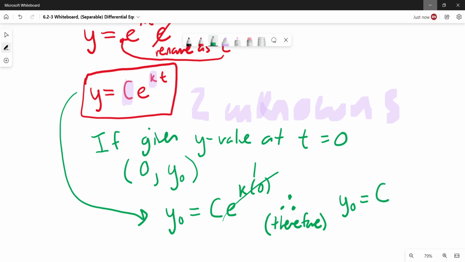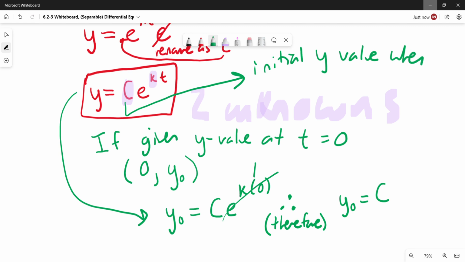So if you're given the initial amount of y, that's actually c. So this c here is the initial y value when t equals 0.